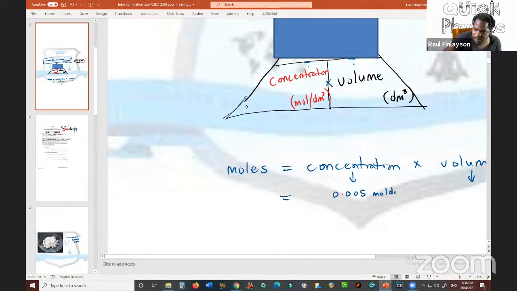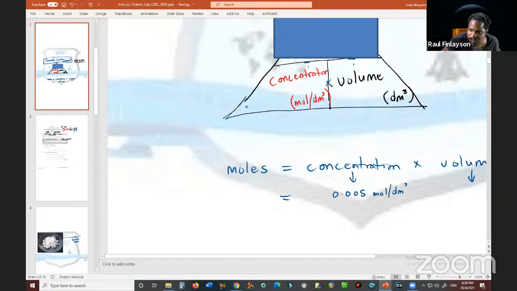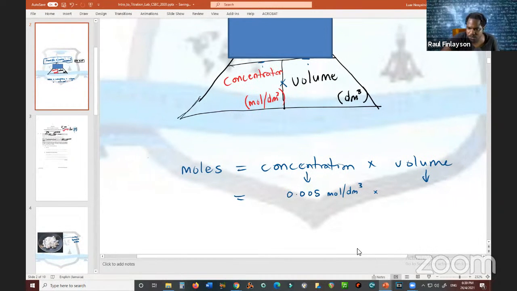Notice that the way they write it is different from how I write it, but it's the same thing. I would say moles per dm cube, the slash means to divide. But as they write it, it is mole dm cube to the -3.